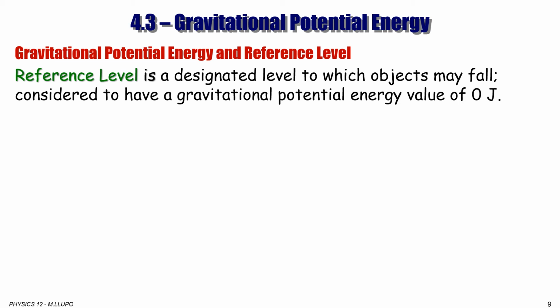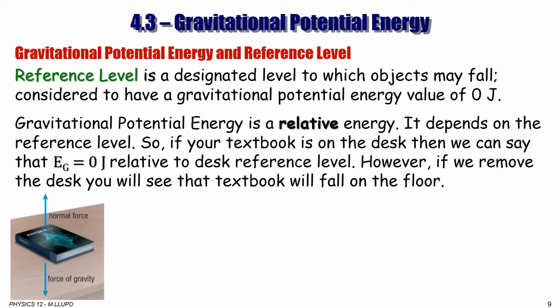So that's what we call the gravitational potential energy of the object due to its position from the level that it may fall. Gravitational potential energy at that level is considered to be zero. But remember that it is relative. So gravitational potential energy is a relative energy. It depends on a reference level.